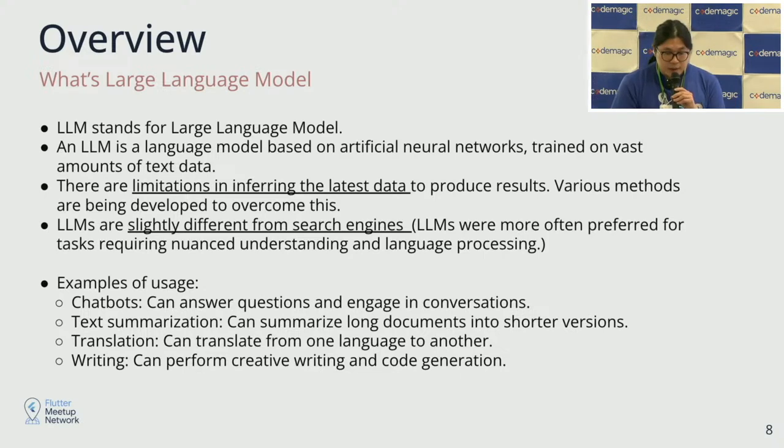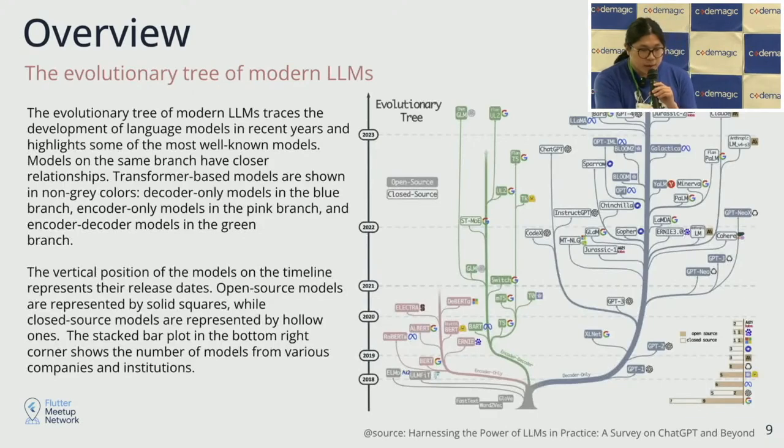I mainly use LLMs for summarizing research papers and for development. LLMs are evolving very quickly, and most language models are based on the transformer. As shown in the picture, there are closed models like GPT, Gemini, and Claude, and open source LLMs such as Llama, Gemma, Mistral, and Grok.